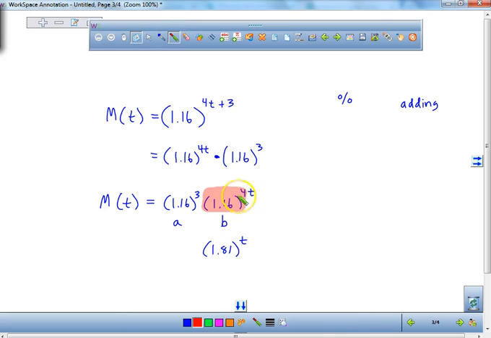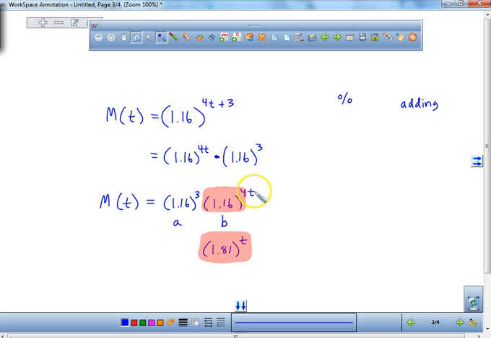So what have I done? I've changed from this to this. These mean the exact same thing. This rate right here is being multiplied to the power of 4. This is just the power of 1. So what percent right here is being added?